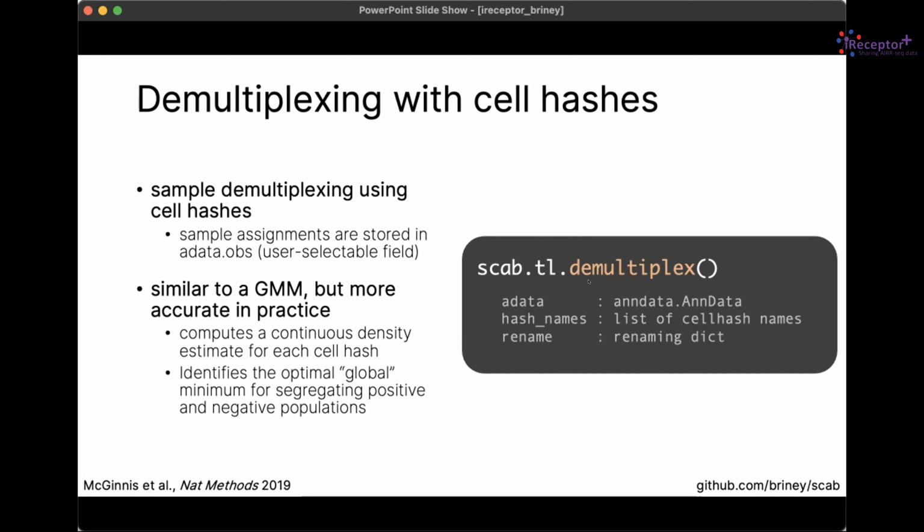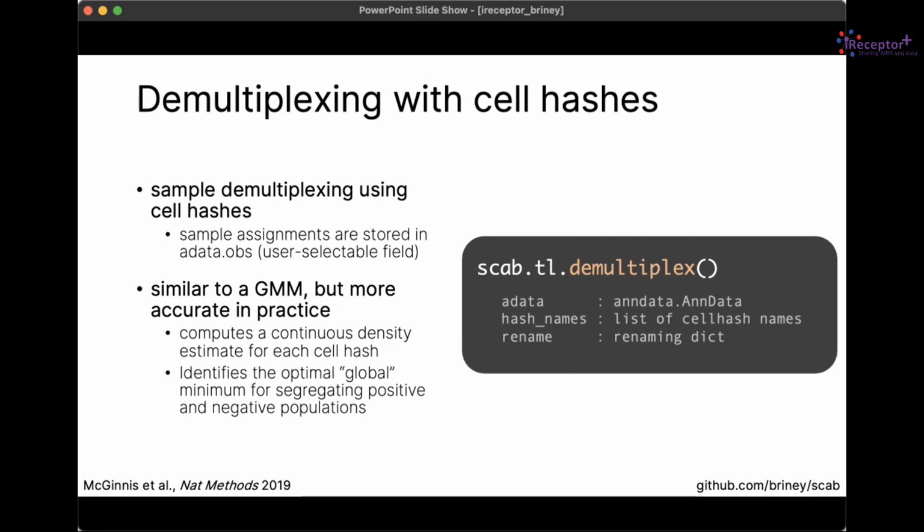So all we need to do now to demultiplex cell hashes is call the demultiplex function, and you pass the AnnData. You can also pass it a couple of optional arguments, which are not required. The process we use for demultiplexing is similar to a Gaussian mixture model, but we found it to be more accurate in practice.